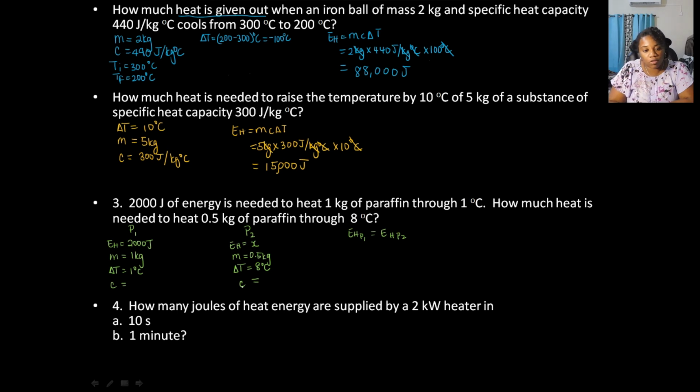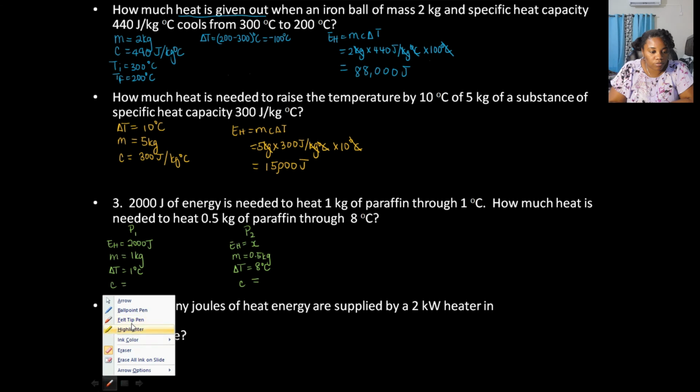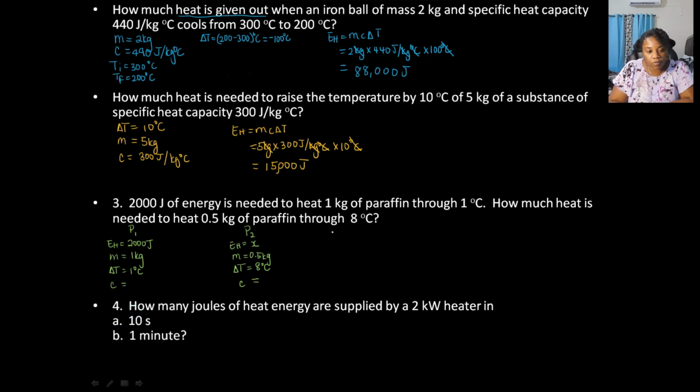Well, let's first work out, I'm going to show you why. So let's work out the specific heat capacity of P1. So we have EH of P1 equal to MP1 times specific heat capacity C P1 times delta T of P1. We're trying to solve for C, so we can divide both sides by MP1 and delta T P1.